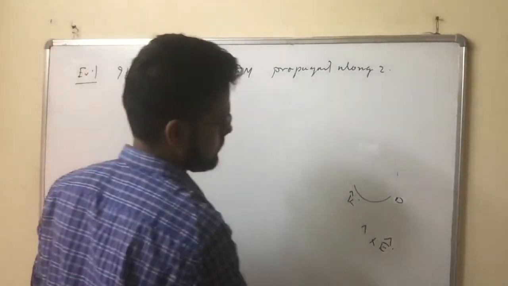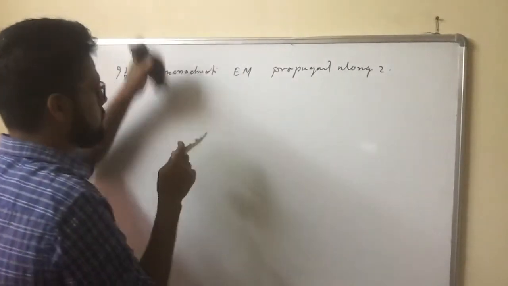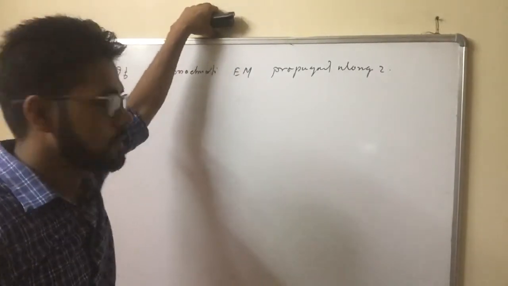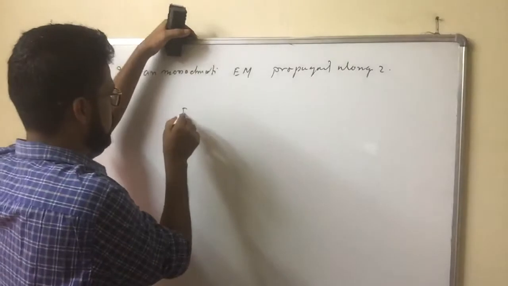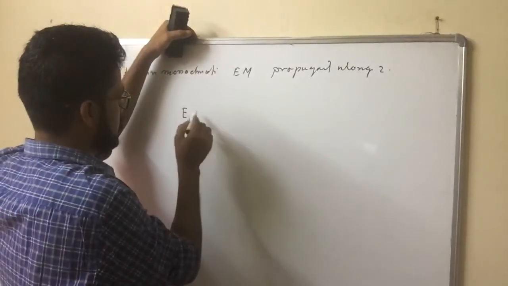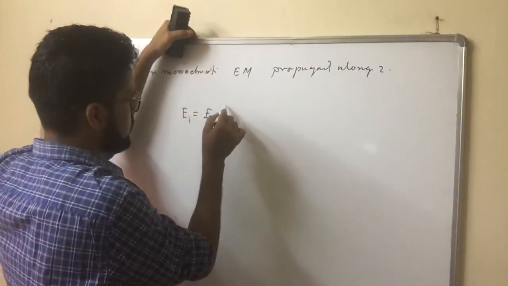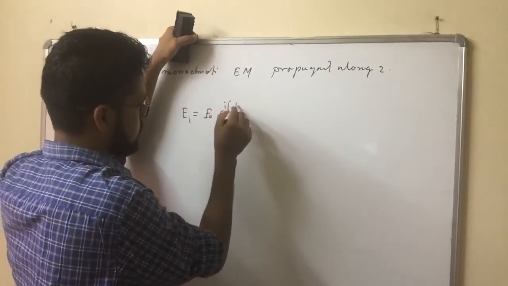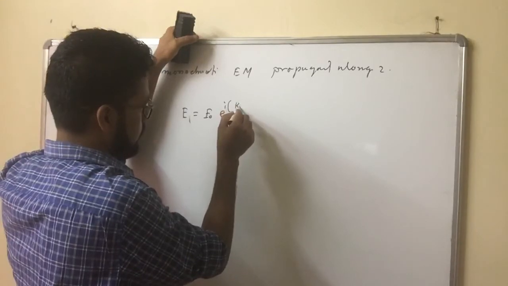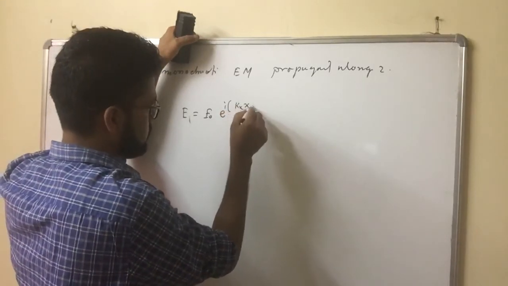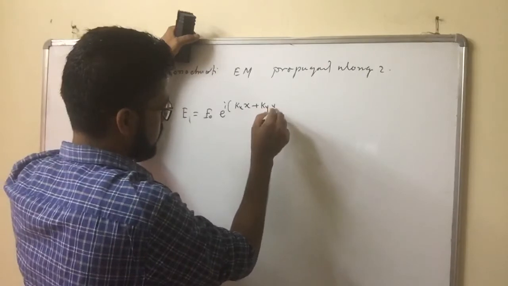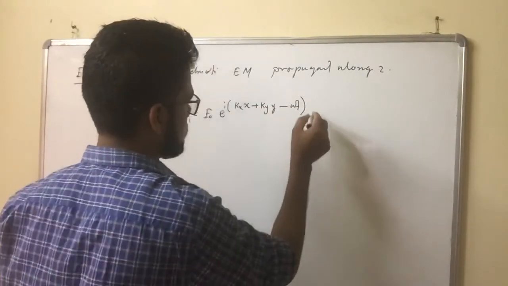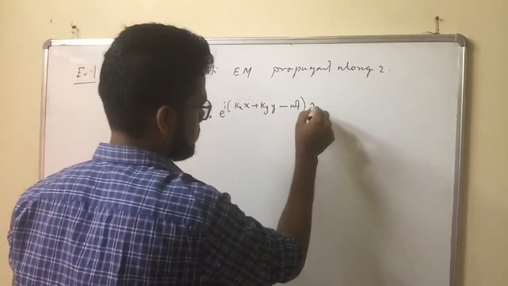But in complex form, now a different equation I tell you. If I tell you E equal to E naught e to the power i(kx x plus ky y minus omega t) and z.